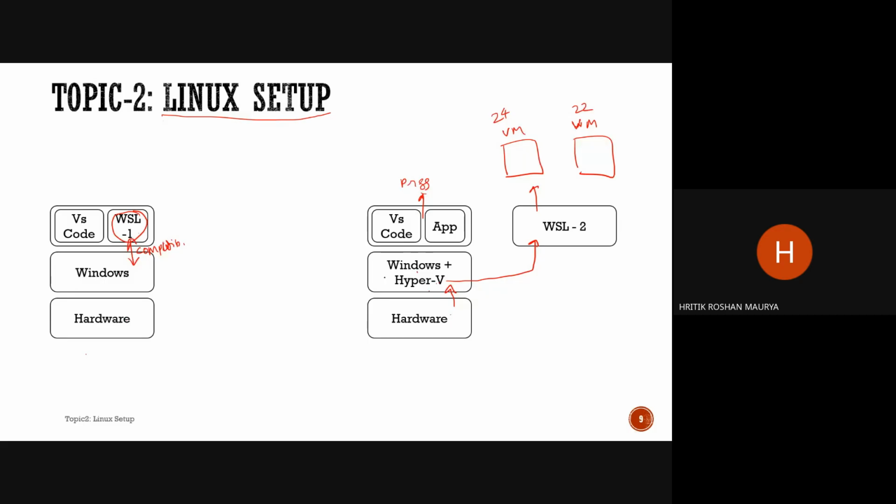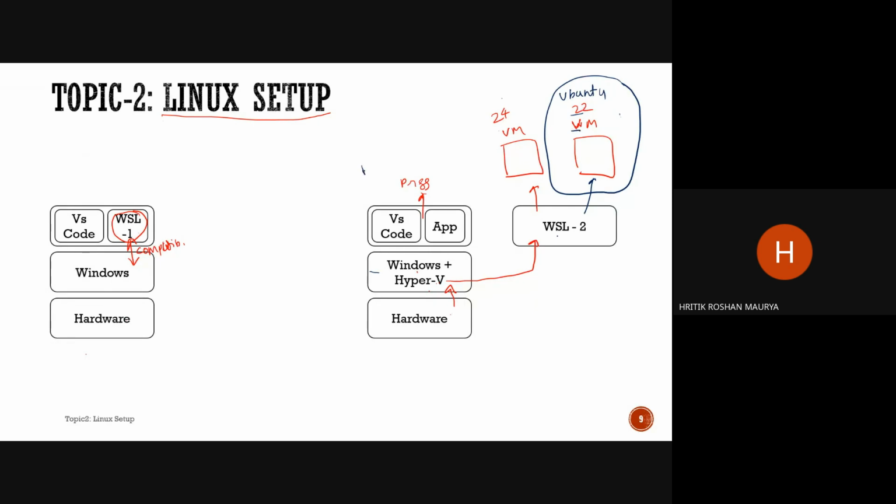This is your normal Windows one. We have set up WSL and there we installed a new computer running Ubuntu 22 version. This is a separate machine, and since it is not different hardware, it is virtually created in the software framework, so we call it a virtual machine.